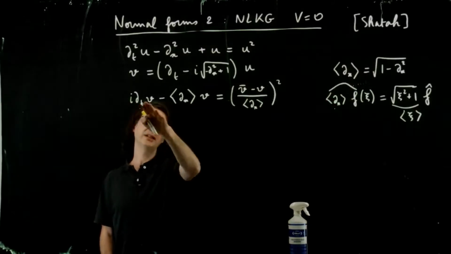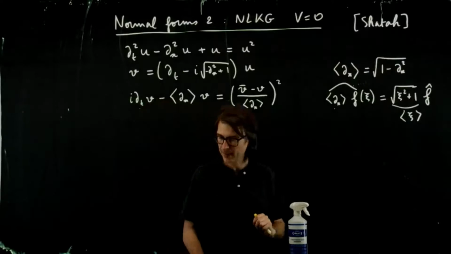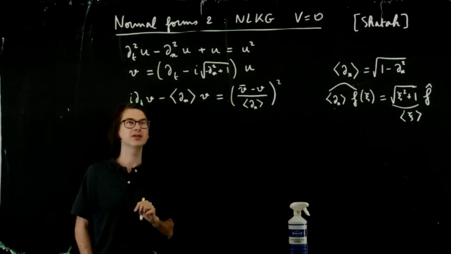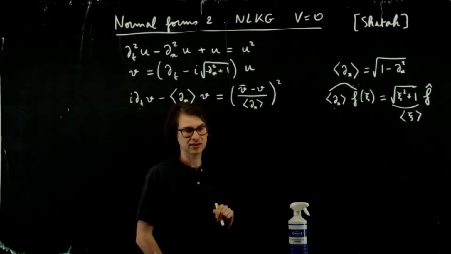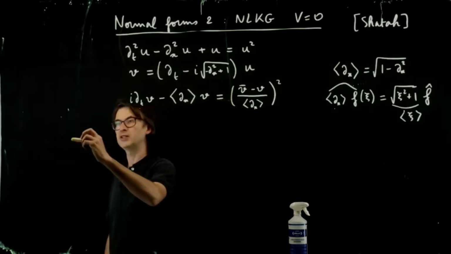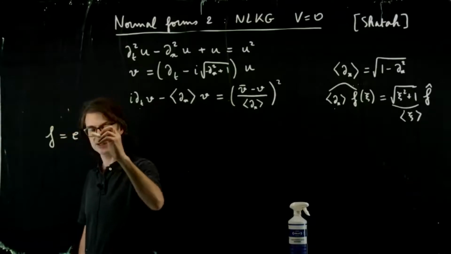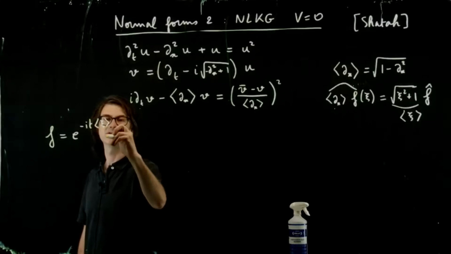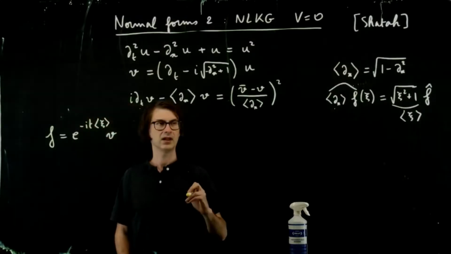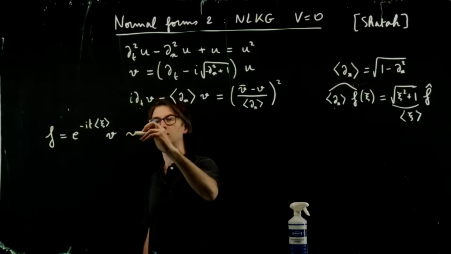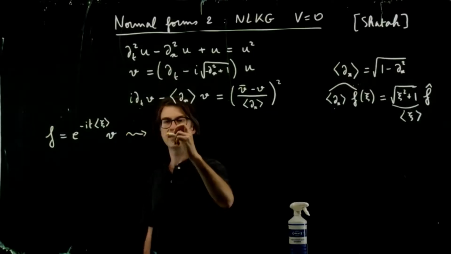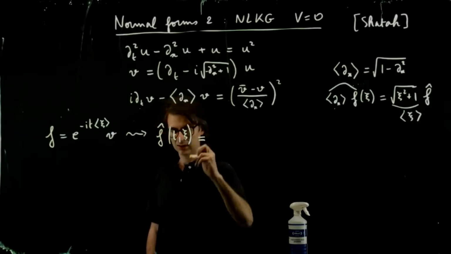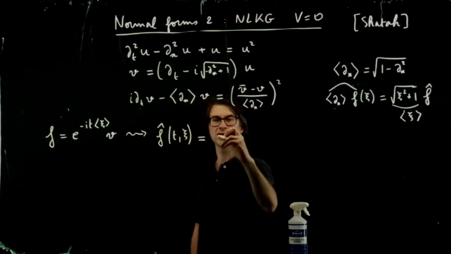Okay, so you can recast the equation under this form, and then as we've been doing often, we'd like to write this as an oscillatory integral. So we set f equals e to the minus it times the bracket operator of V, and then the equation satisfied by f is the following: f hat of t, xi. So, you know, it's the manipulation we did often.